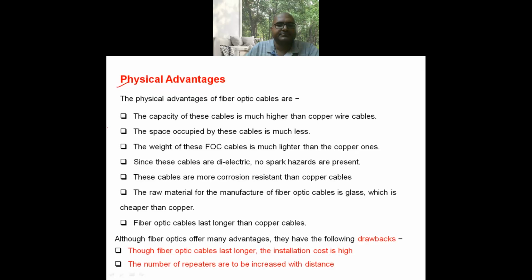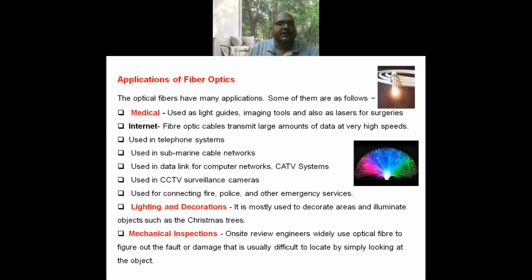Just go through. And some application areas of optical fiber: medical applications, internet, lighting and decorations, mechanical inspections. Just take a glance.